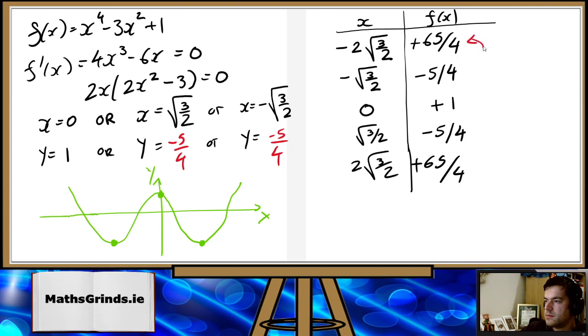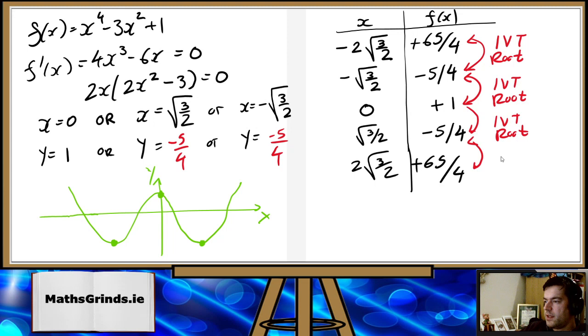So the intermediate value theorem implies a root in between these two, and then the intermediate value theorem implies a root here, and then a root here, and then a root here. And this is in the negative region.